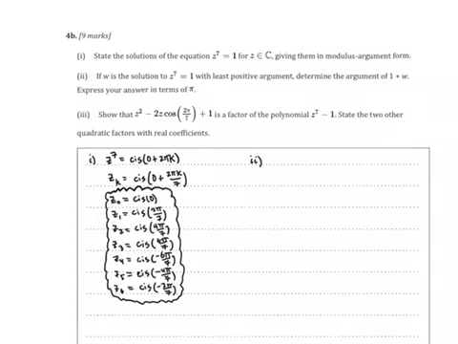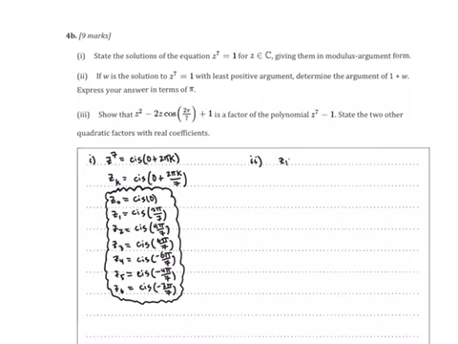All right, let's look at part 2. If W is the solution to z to the 7th equals 1 with least positive argument, determine the argument of 1 plus W. Express your answer in terms of pi. So this z with least positive argument would be the following.